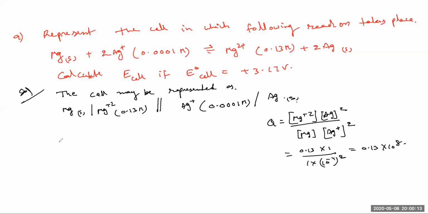According to the Nernst equation, E cell is equal to E naught minus 0.0591 by n log Q. So what is the E cell given now? 3.17.